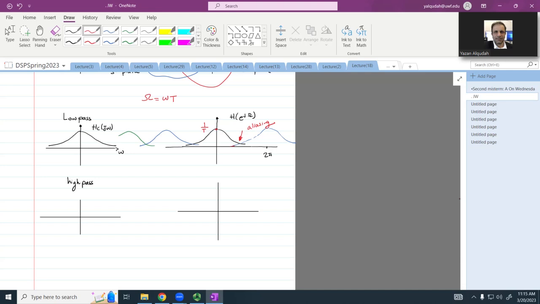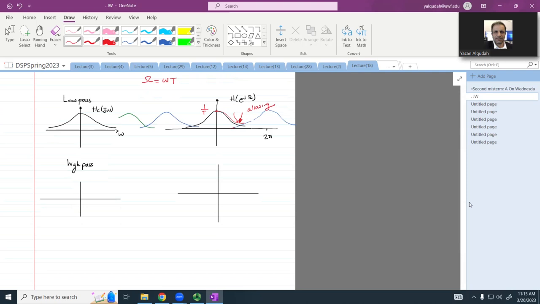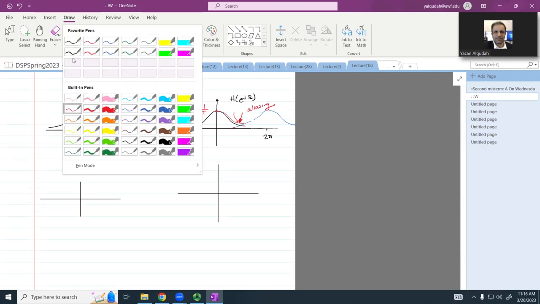What does that mean? The filter that we're going to be building might look something like this. We designed it to look like the black one, but instead it might look something like this. Where is this coming from? From this aliasing.